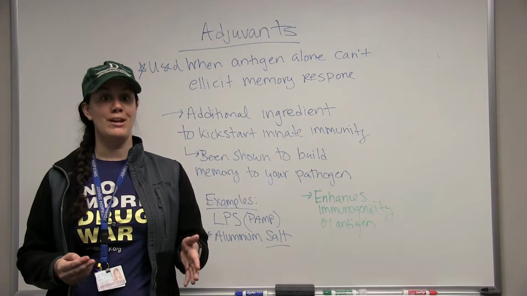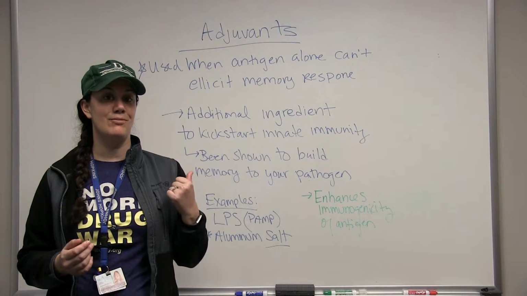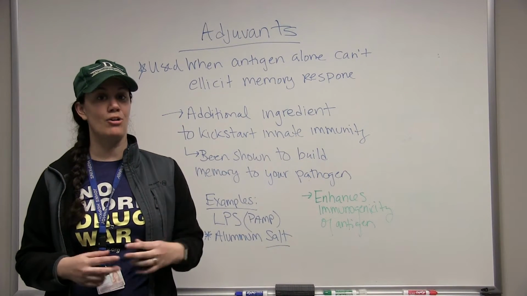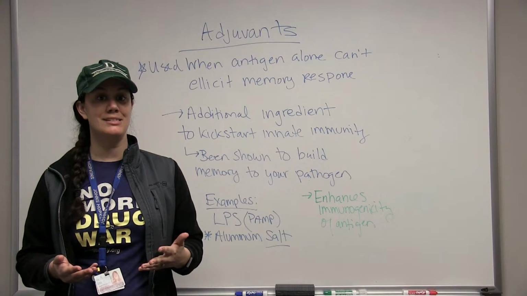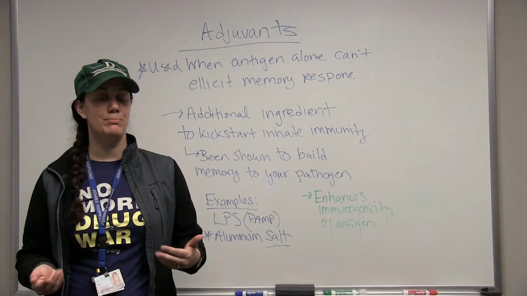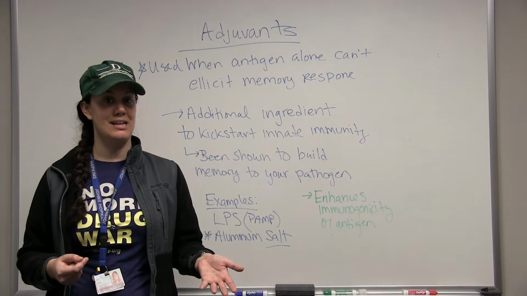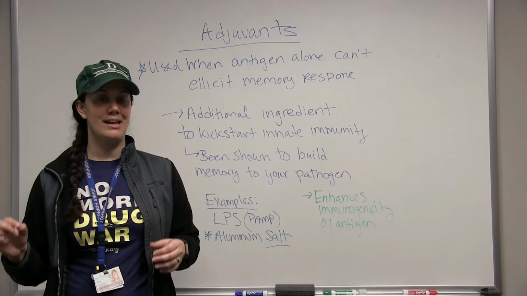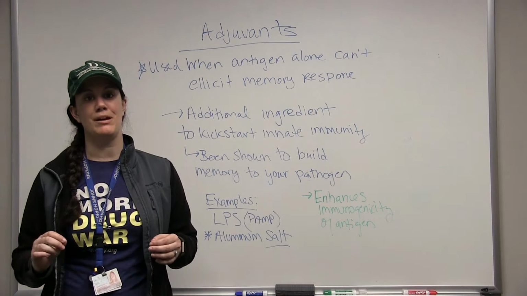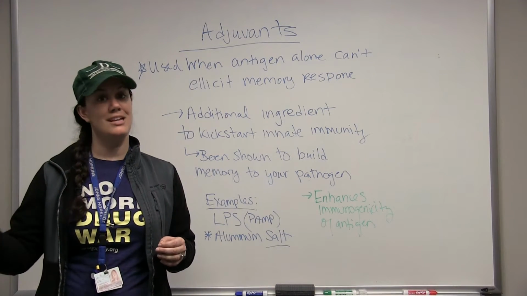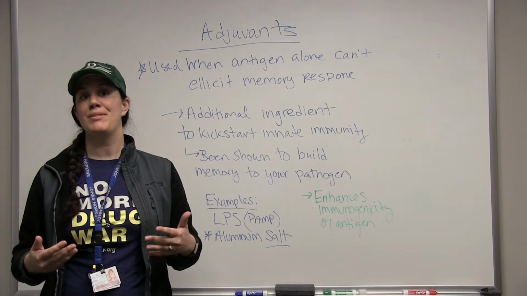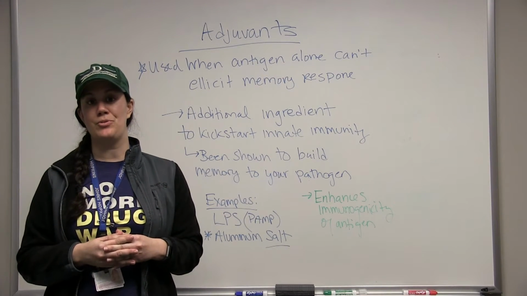This would be really great because I said in the previous video that the licensed vaccines on the market today are great at eliciting antibodies and long-term B cells, but they're not great at eliciting T cells. So we're working on adjuvants that could specifically elicit a T cell response, specifically a Th1 response or a Th2 response. So this is something that is actively being researched and worked on.